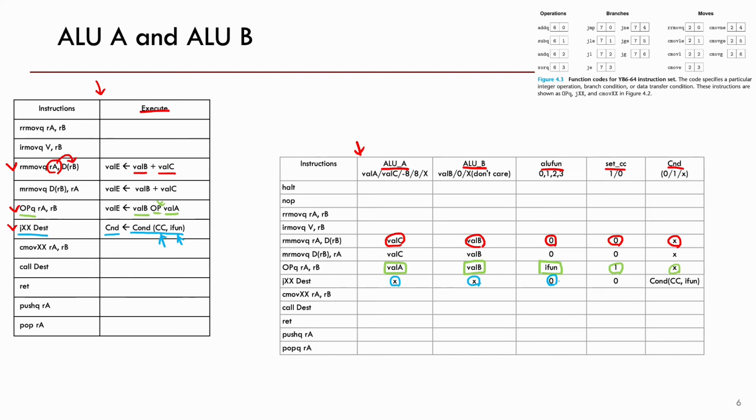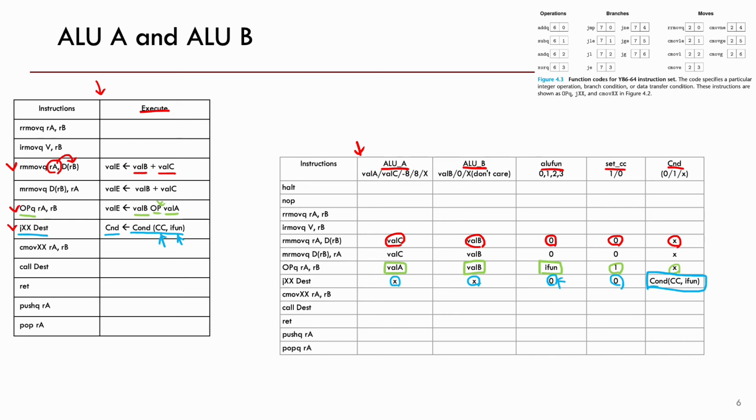So I put 0 here, and since it's not a logical or arithmetic instruction, we don't want to store the current condition code. But we need to generate the correct cond signal from the cond module.